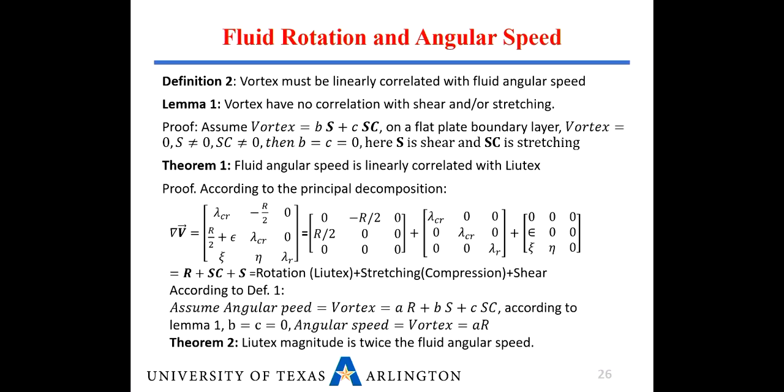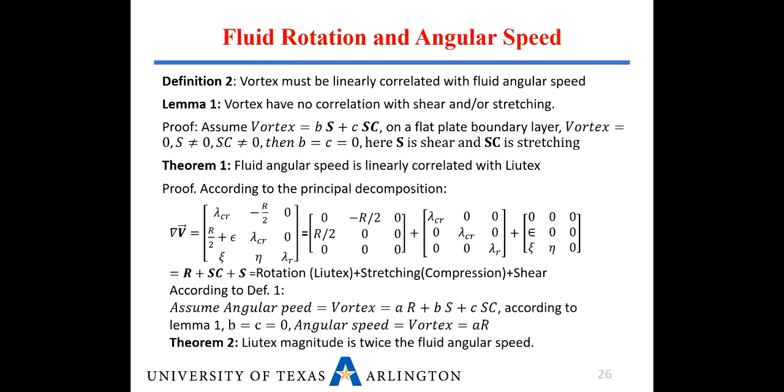Well, how do you know that? That's the proof. We also call it principal decomposition or principal coordinates. We have the principal coordinate matrix with lambda, lambda, lambda for stretching and compression, or rotation, epsilon, eta for shear. Three submatrices.